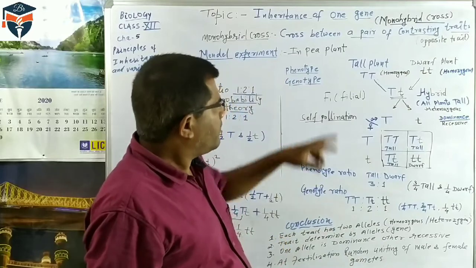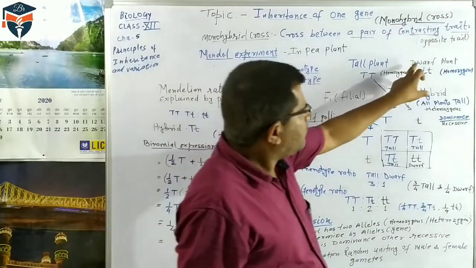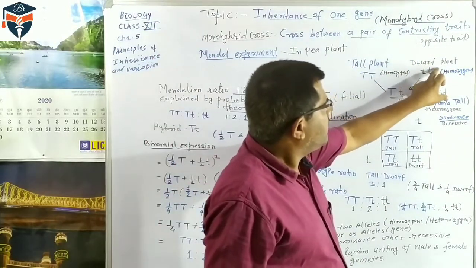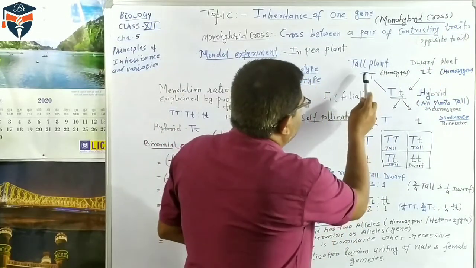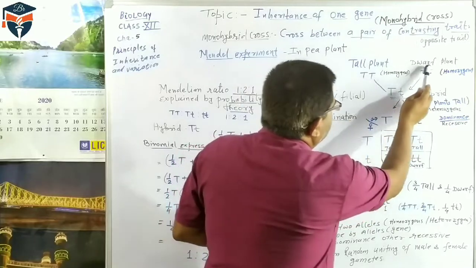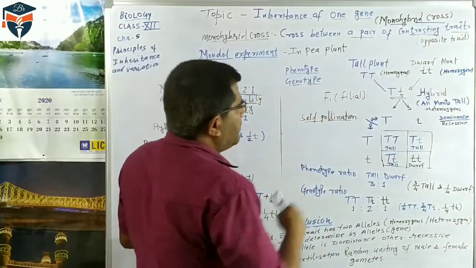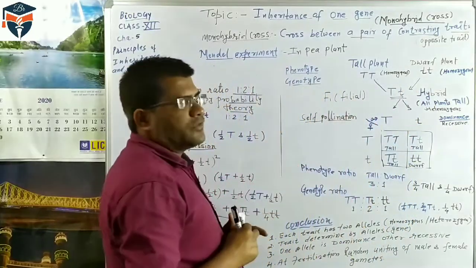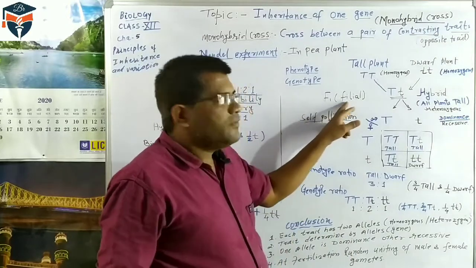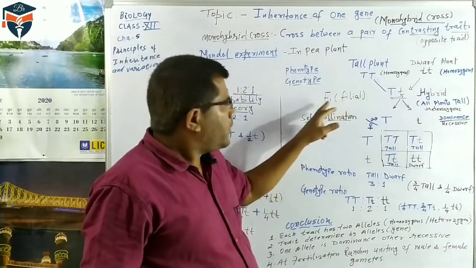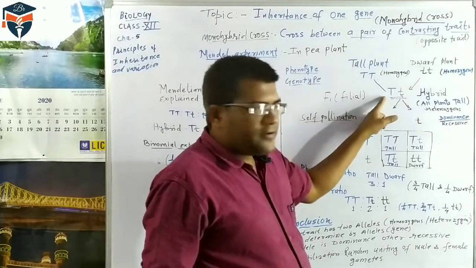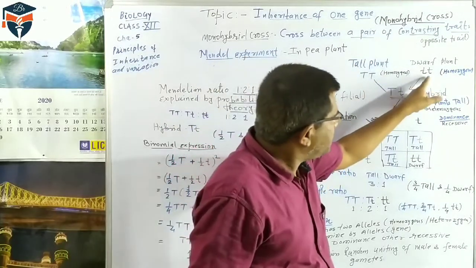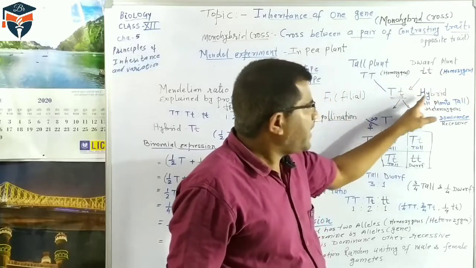Now look at what happened when the tall plant was crossed with the dwarf plant. Mendel observed that in the first generation, called F1 or the filial generation, one allele of the tall plant and another allele of the dwarf plant come together in the hybrid.